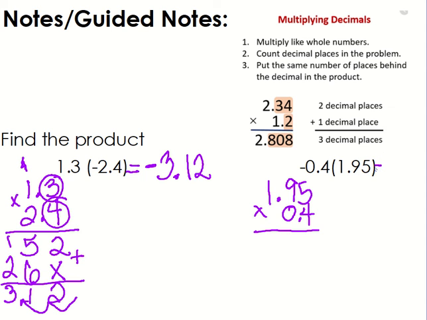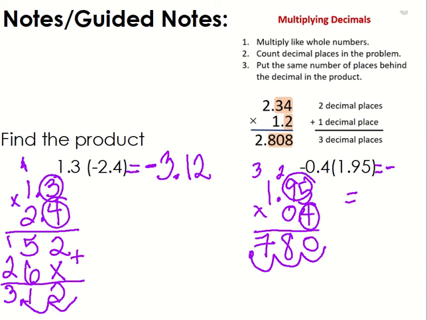Okay, and again, these are opposites, so we know our final product is going to be negative. So 20 and 36, 37, 38, 4, 5, 6, 7. I count my decimals, 1, 2, and 3. So I'm going to go 1, 2, 3.